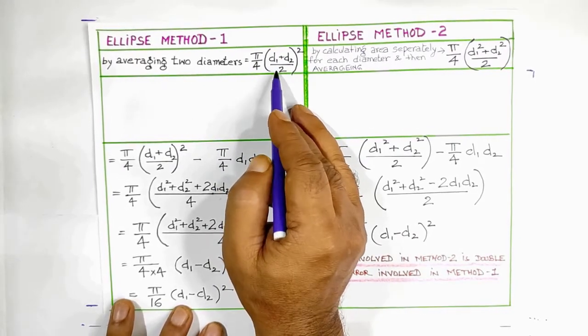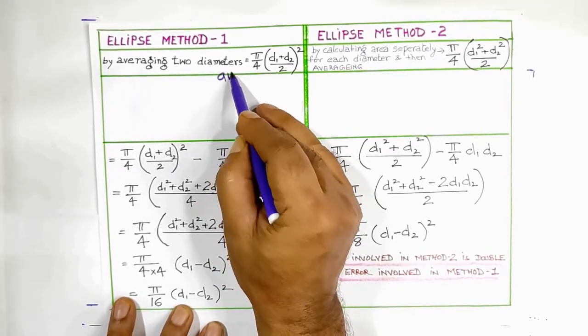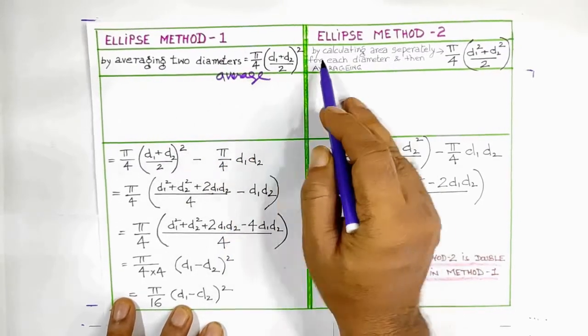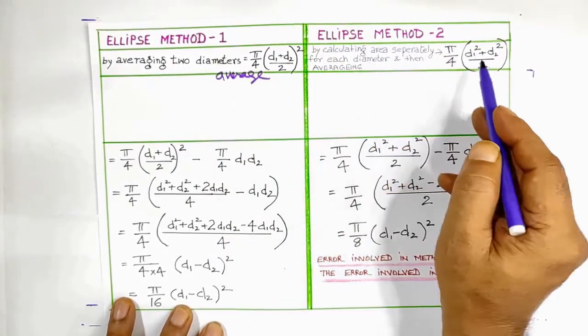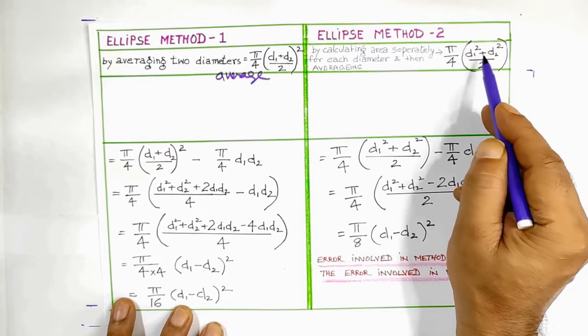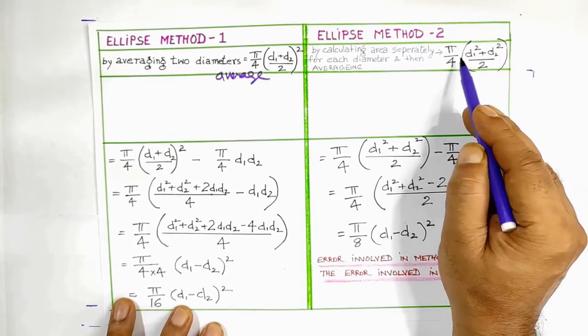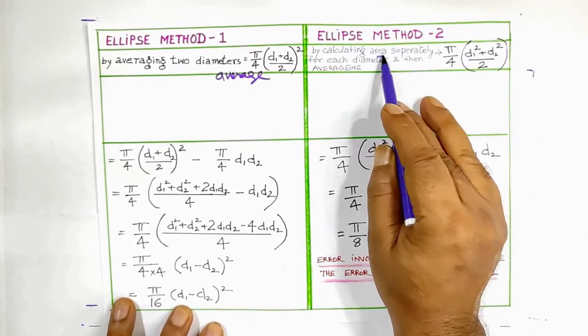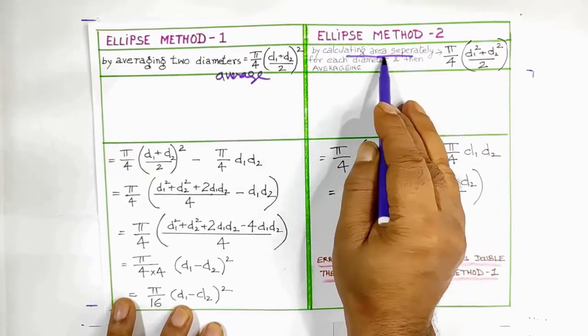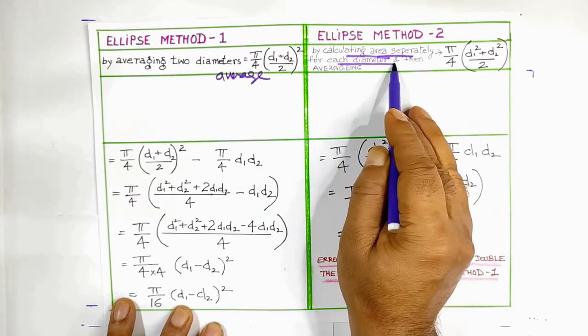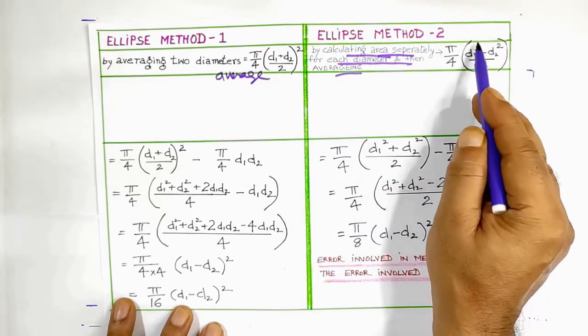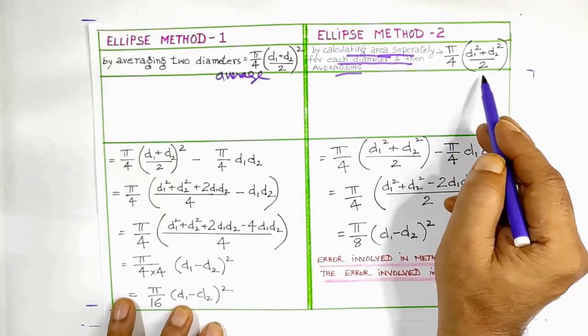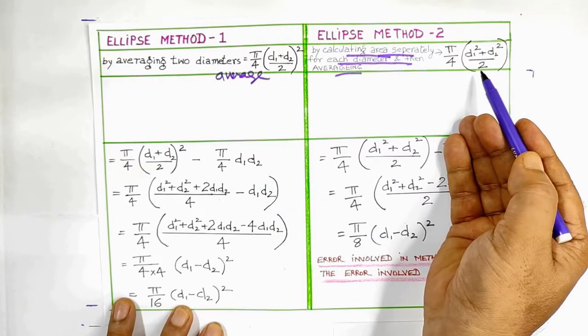Here we are taking the average. In method 2, we are squaring: d1 square plus d2 square divided by 2. Here it is squared, meaning we calculate the area separately for each diameter, and then we average it. So ultimately it becomes double.